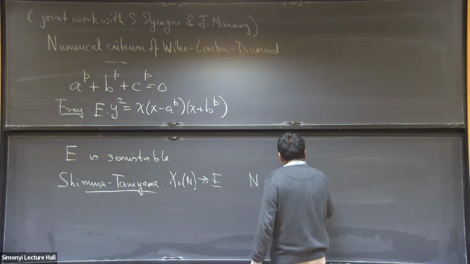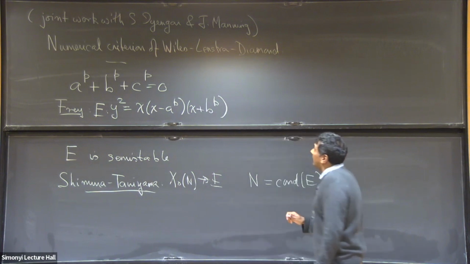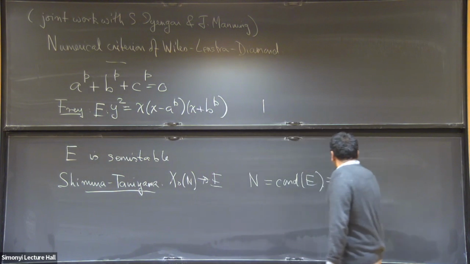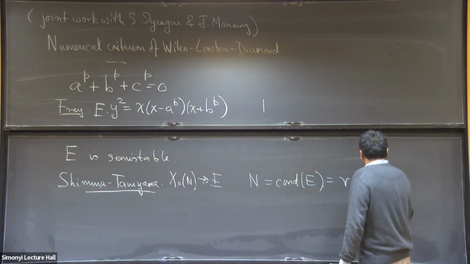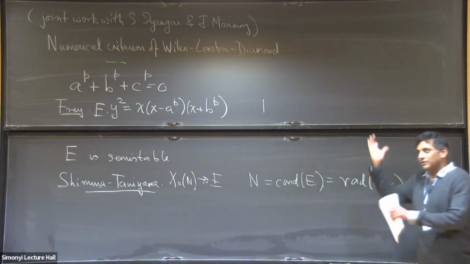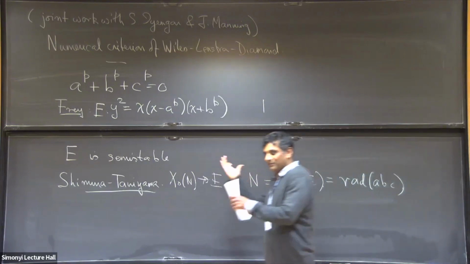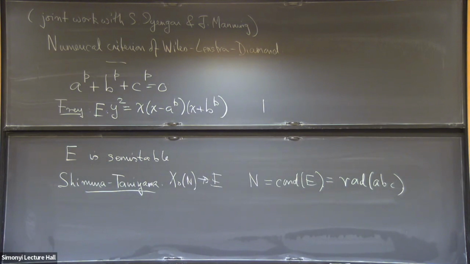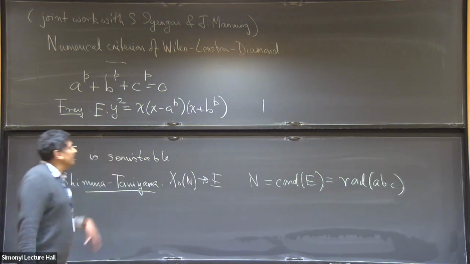Right, so far there's no contradiction because this elliptic curve in fact has fairly large conductor. So the conductor N of this elliptic curve is equal to the radical of abc. So no problem. You could have a very large solution to Fermat's Last Theorem. This elliptic curve would have a large conductor, and there's no reason why X_0(N) could not have a cusp form giving rise to such an E.